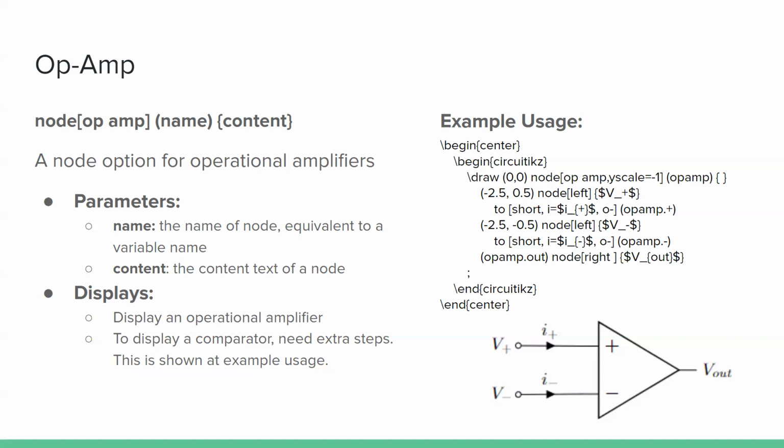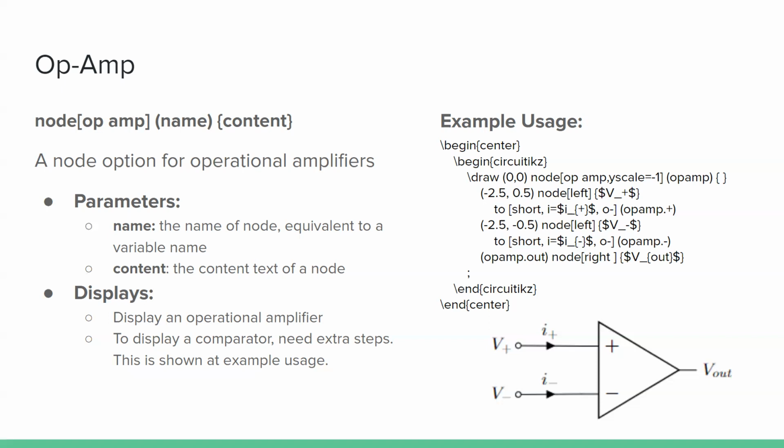Now, I am actually going to also have these different nodes connect to the positive and the negative end of the op-amp. So you can reference a node as op-amp, right? And then we name this node op-amp here so that we can reference its positive and its negative terminal.